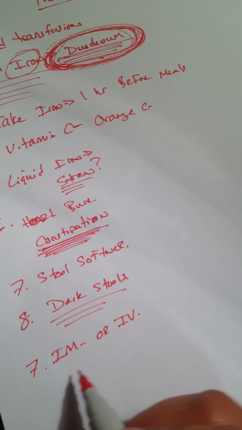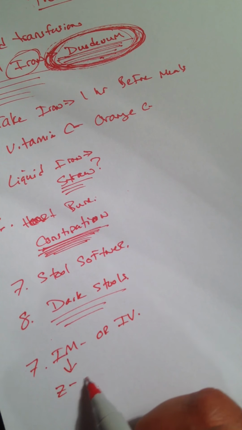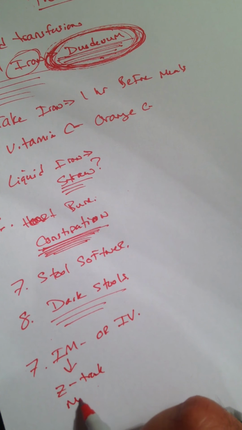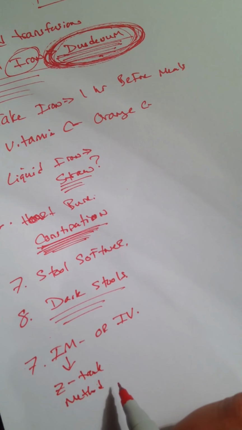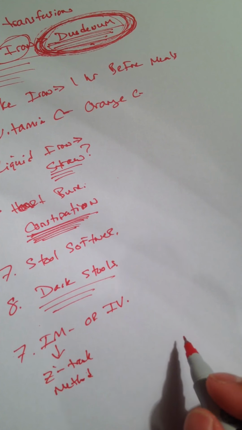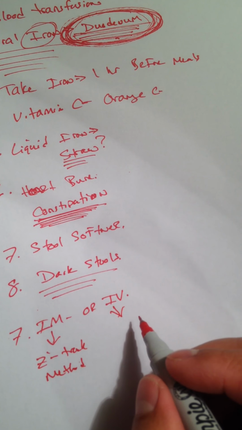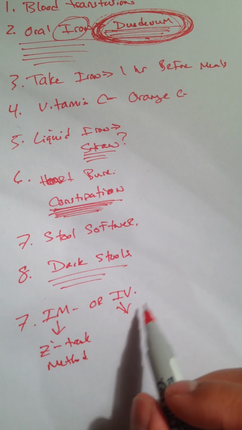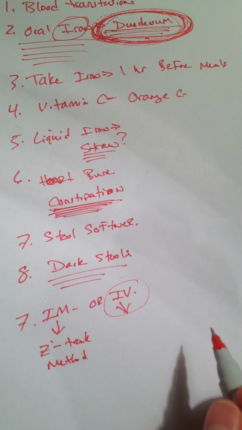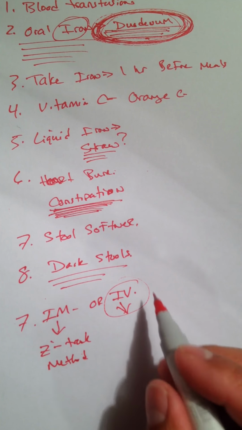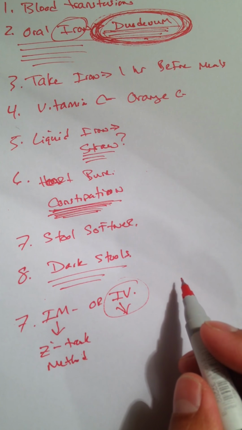If it's given IM, make sure you use Z-track method to help disperse the iron. If it's IV, make sure you have a good IV site, and also that you watch out that they are not having an allergic reaction to the IV iron. So watch them closely, watch them carefully.